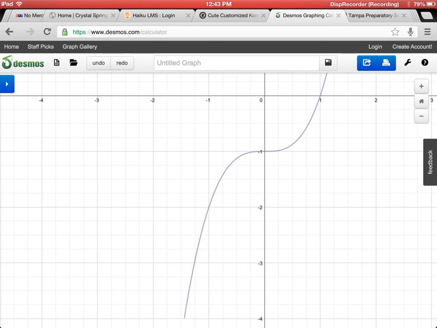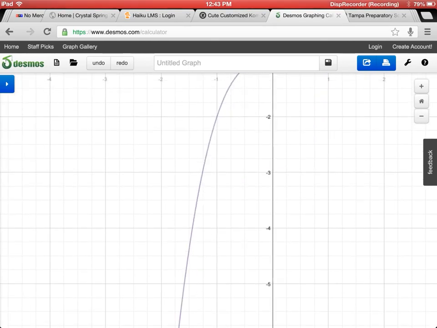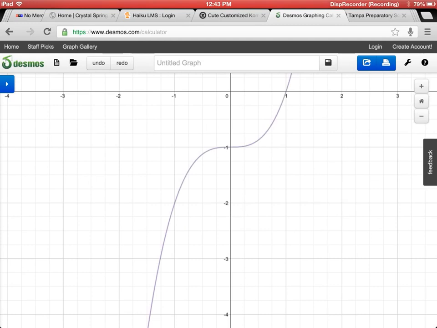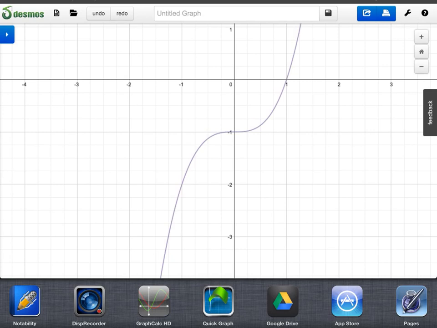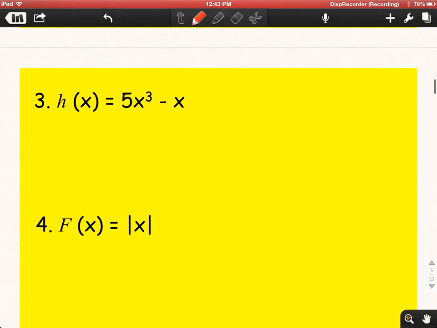Do we get that same thing when we get to the third quadrant? No, to get to negative 2, in fact, I got to go way, way down here. So that's not going to work, right? So we don't have this first quadrant, third quadrant symmetry, and therefore this equation is not odd. It's neither. Let's take a look at our third example.